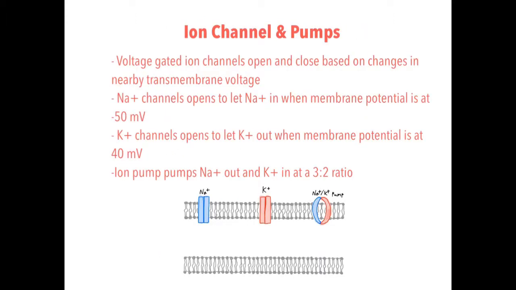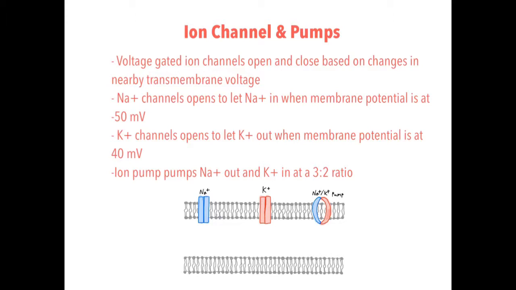Ion channels are proteins with a pore through their centers, allowing certain ions to flow down their concentration gradients. Voltage-gated ion channels are capable of changing their permeability of the membranes. They open and close based on changes in nearby transmembrane voltage. The voltage-gated sodium channel opens when the membrane potential is at negative 50 millivolts, allowing sodium ions to enter the axon.